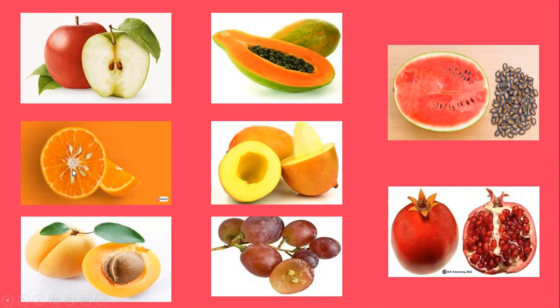Orange has 6, 7, or 8. This is apricot. Apricot also has one seed inside it. And the grapes. So different fruits have different numbers of seeds inside them, as you see here.